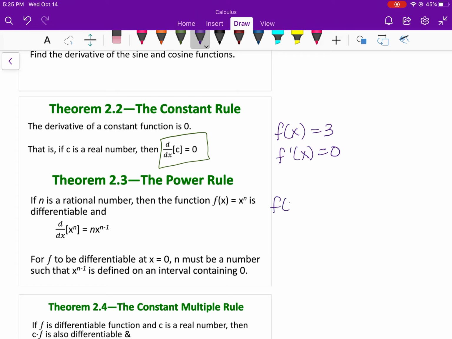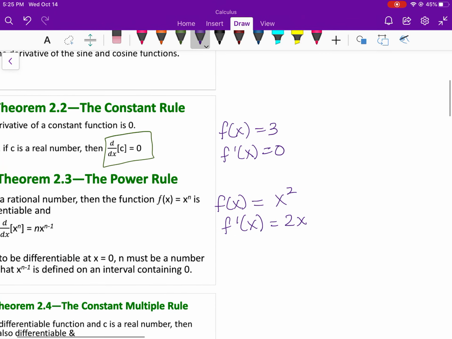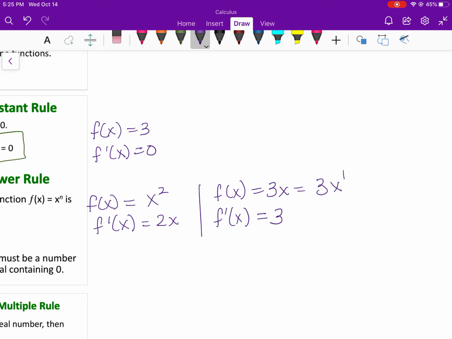So if f of x is, say, x squared, then f prime of x is 2x. Another application would be if f of x is 3x, f prime of x would be 3. And to tie that into the power rule, I could write that as 3x to the first. Bring my exponent down, multiply it by 3.